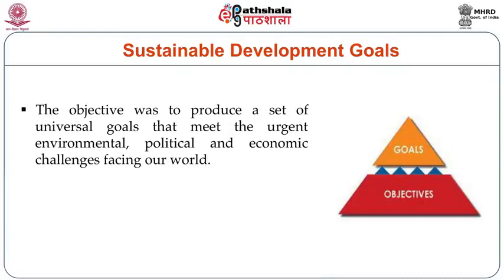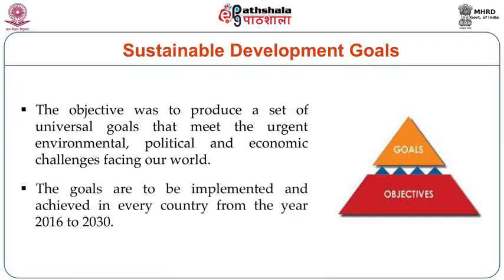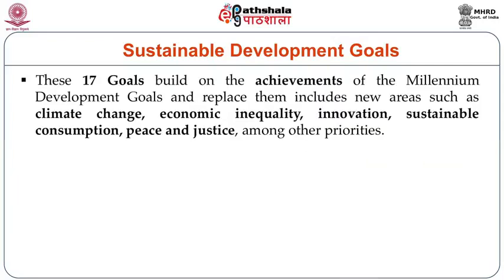The objective was to produce a set of universal goals that meet the urgent environmental, political and economic challenges faced by our world today. The goals are to be implemented and achieved in every country from the year 2016 to 2030. These 17 goals build on the achievements of the Millennium Development Goals and replace them, and include new areas such as climate change, economic inequality, innovation, sustainable consumption, peace and justice among other priorities.